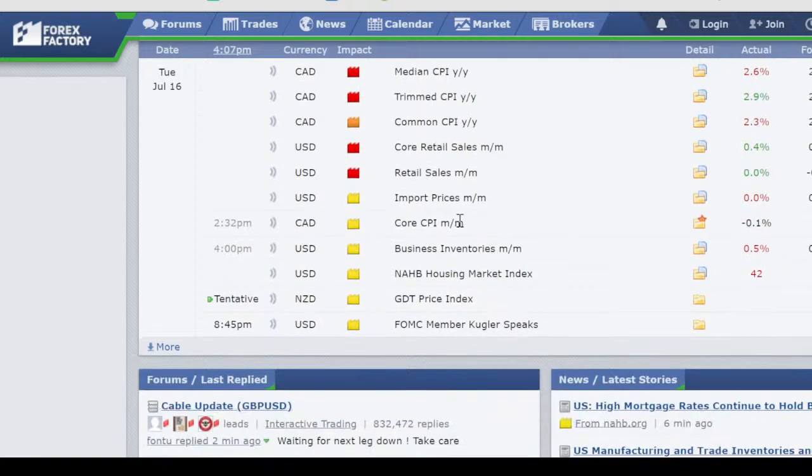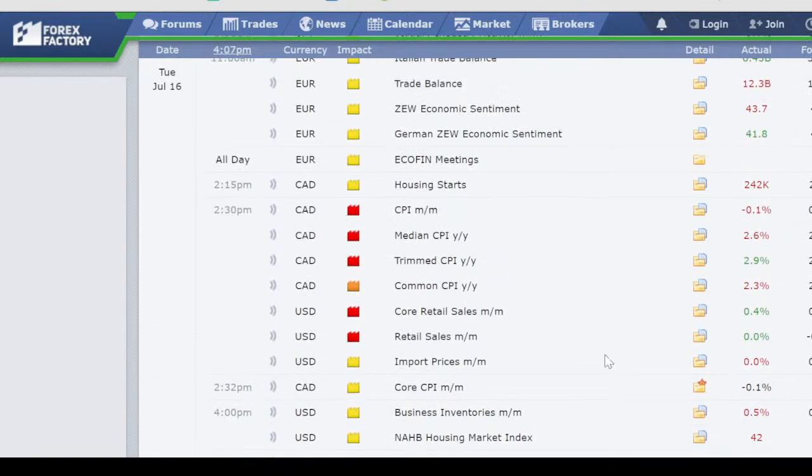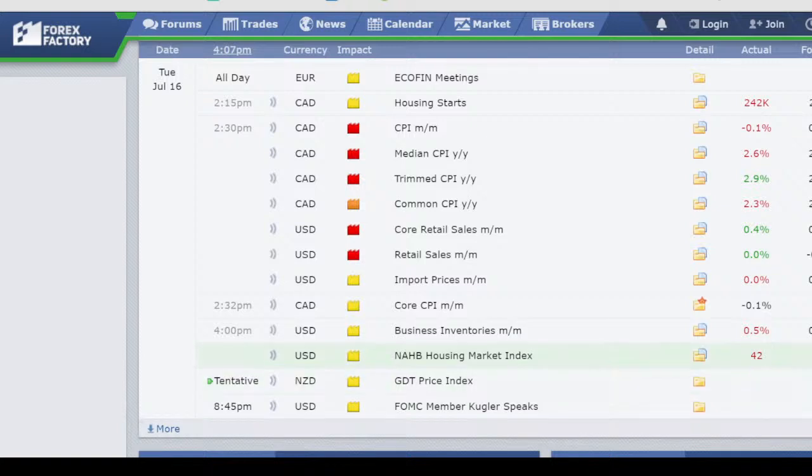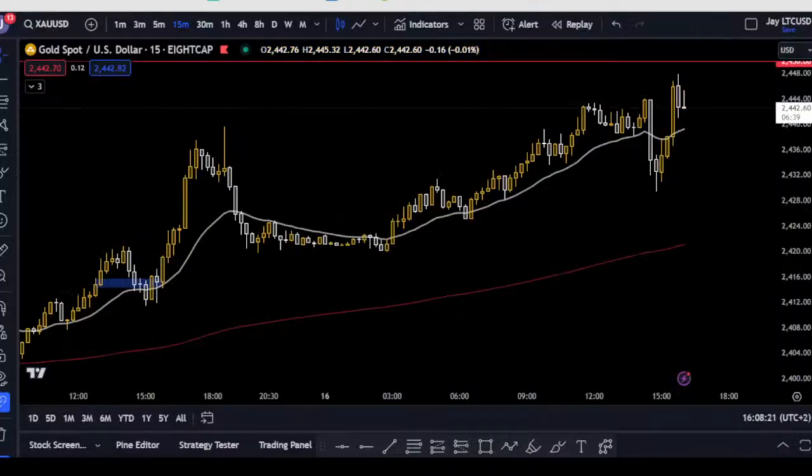Let's see what we got Tuesday. Everything came out bullish, by the way, for the US dollar. But it was nothing, no dramatic numbers. We'll just wait and see what happens.